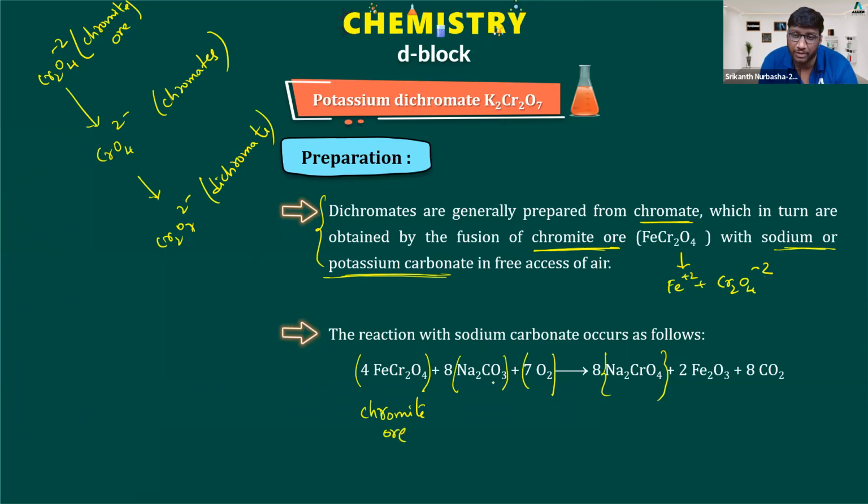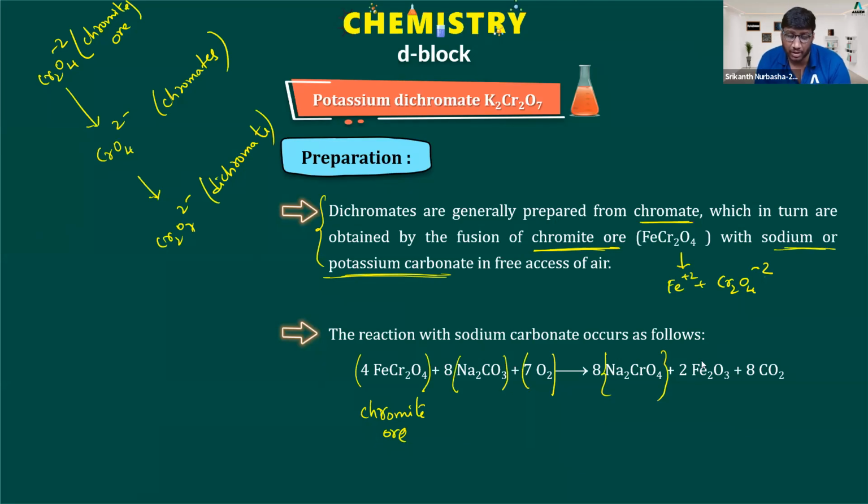The mechanisms of inorganic reactions are not required. You may ask a question, sir, how can you say this complex reaction is happening, how are we saying that FeCr2O4 in the presence of Na2CO3 and oxygen is converting into Na2CrO4? Then we have to look at the mechanistic approach, which is much more complex. That is not in your syllabus.